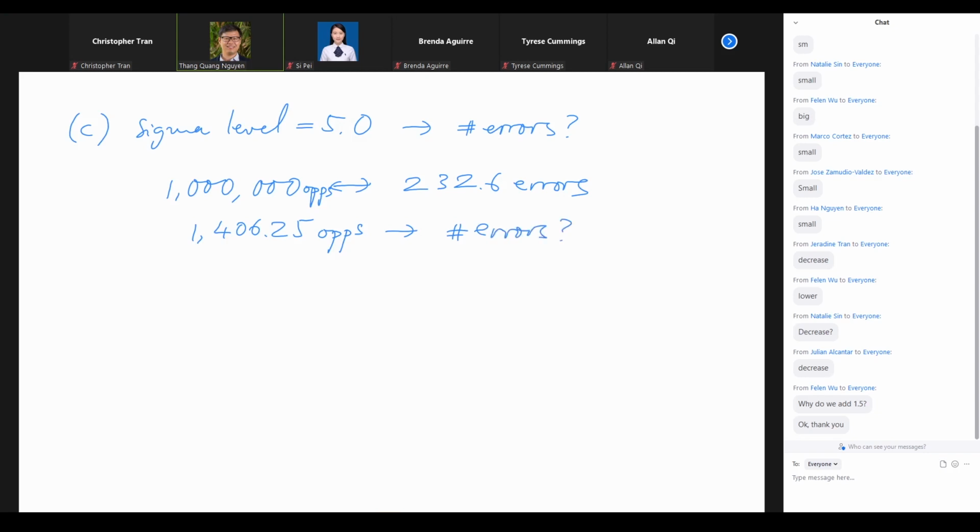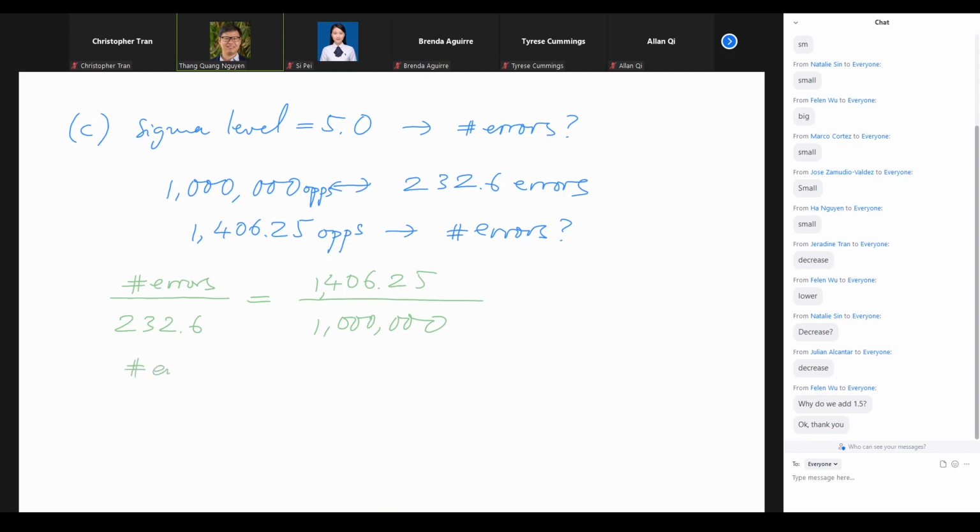All right, so it's quite similar to what we did earlier. So proportionally, the number of errors in this case divided by 232.6 should be equal to 1,406.25 divided by 1 million. And one more time, we just cross multiply.